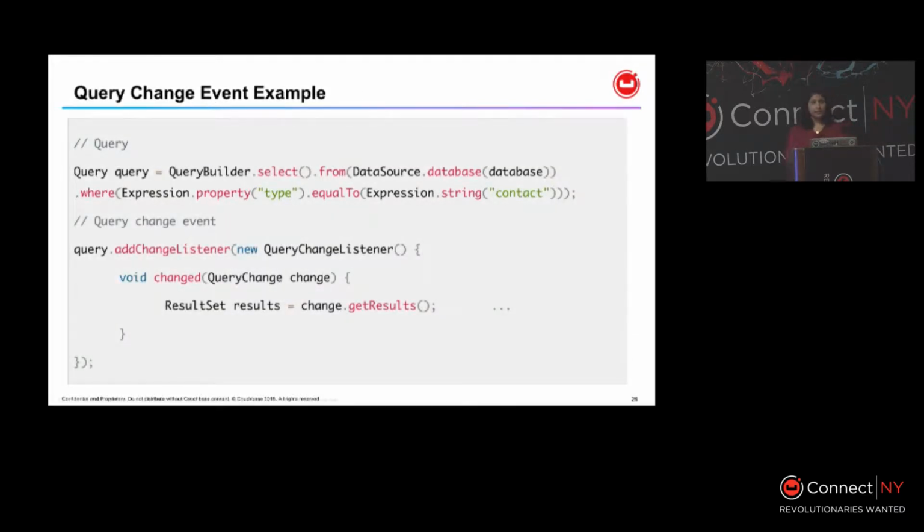And of course, query. This is pretty powerful. Let's say I have a query where, in this particular example, I'm searching for all documents where this property type is equal to this particular value. Now I can add a change listener to this query. Essentially this makes it a live query. This means anytime there is a change to the database that affects the results of that query, you're going to be notified.